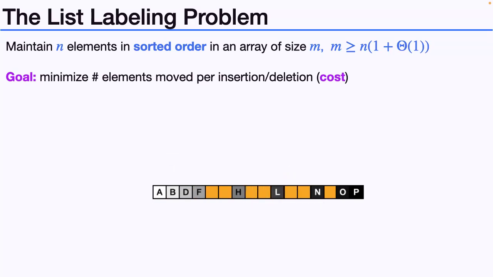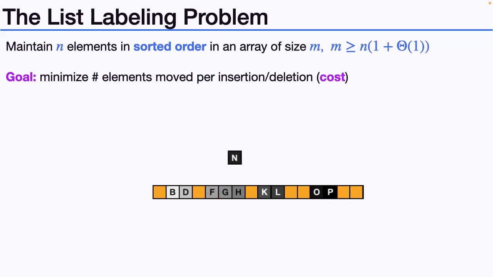I didn't see a cost per search. That's right. In this problem, our cost is purely just the number of elements that we're moving. Basically, this is a primitive that we can plug into other data structural problems. Your little example, when there were 3 empty spots and you moved one element, you did move it to the middle.